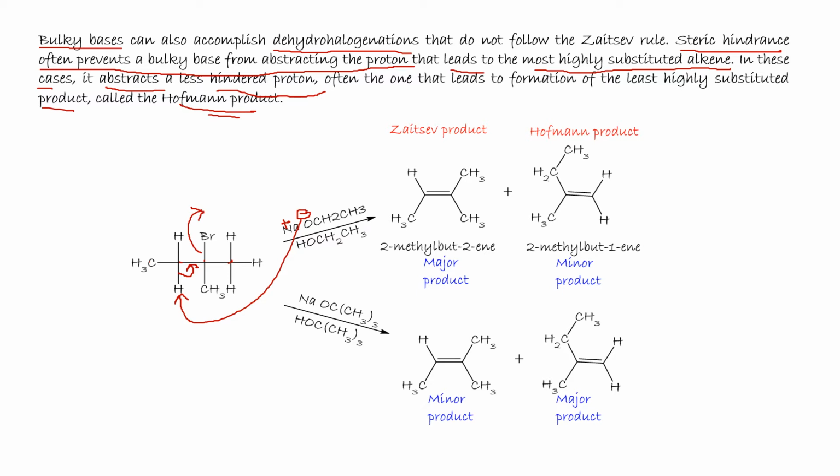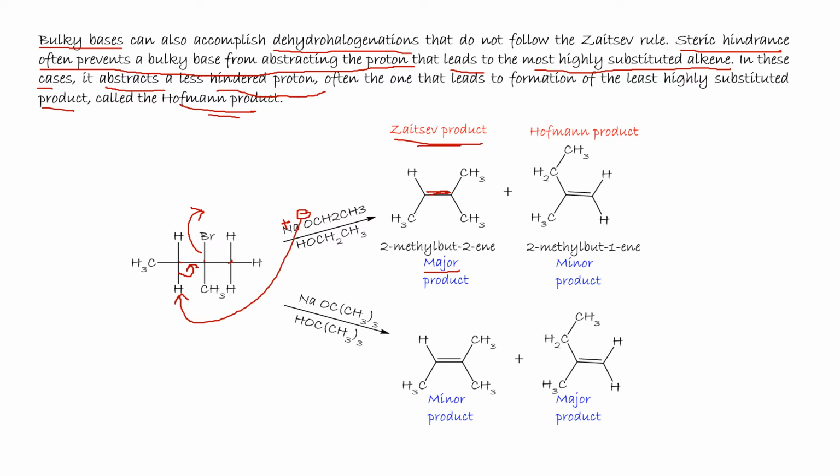That leads to the formation of the Zaitsev product, the most substituted alkene. Here it is trisubstituted. It's 2-methyl-2-butene as the major product, following Zaitsev's rule.